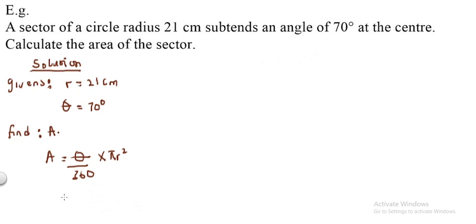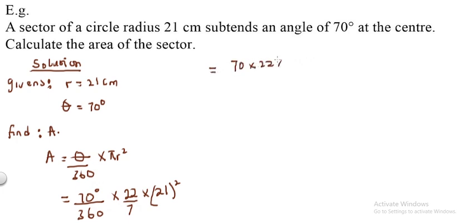We simply plug in everything here into here. If we do that, we have A is equal to 70 degrees divided by 360 times 22 over 7 for pi times r, which is 21, so 21 squared. From here, if we multiply all the numerators and the denominators, we have 70 times 22 times 21 squared, bracket this, divided by 360 times 7.